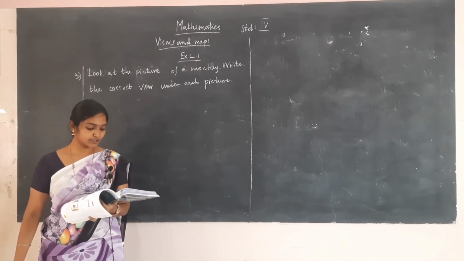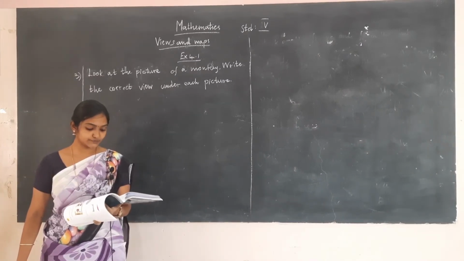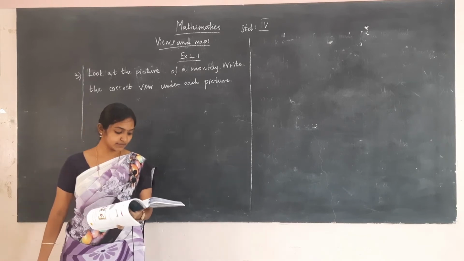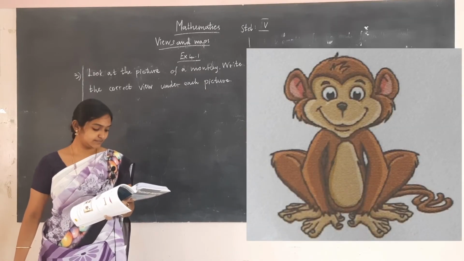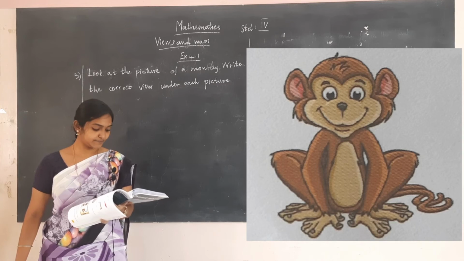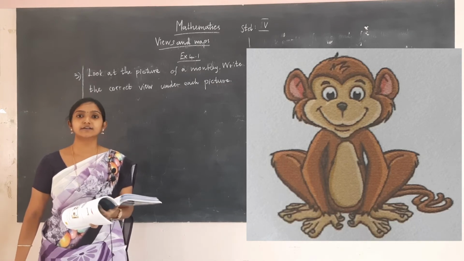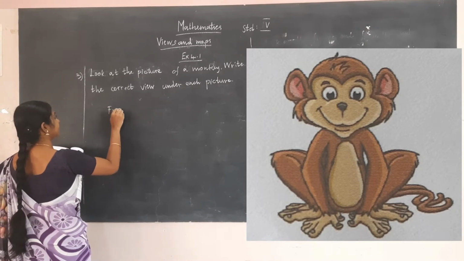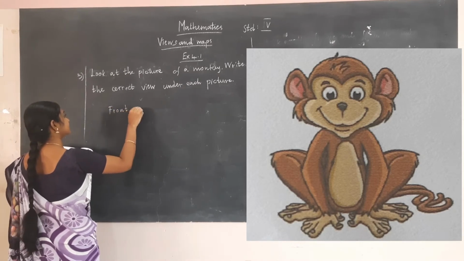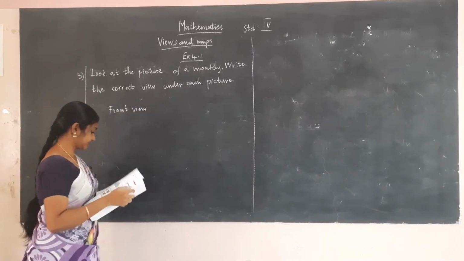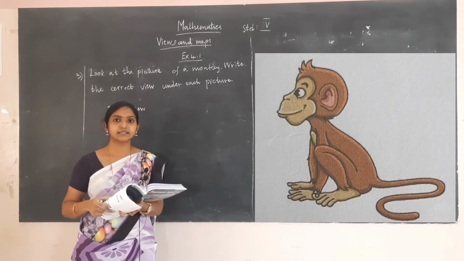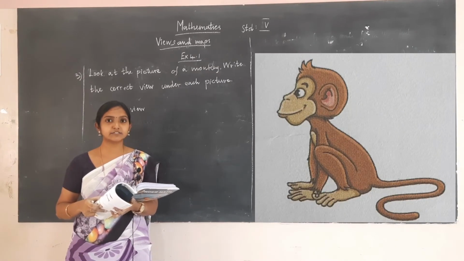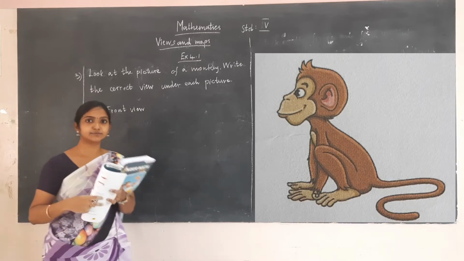Look at the picture of a monkey. Write the correct view under the picture. The first picture is in the front view. The monkey's view is front view. In the second picture, the monkey's view is side view.